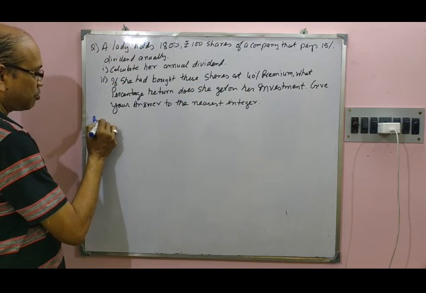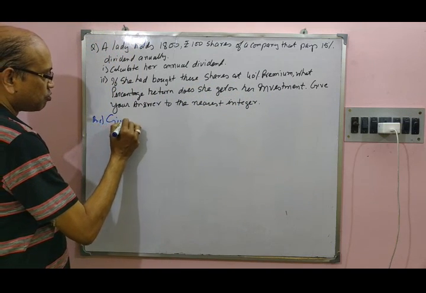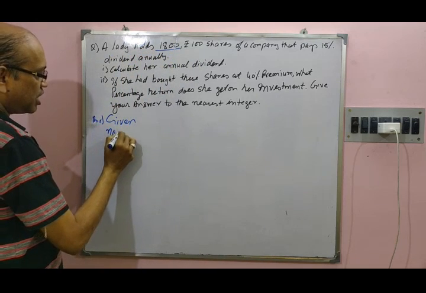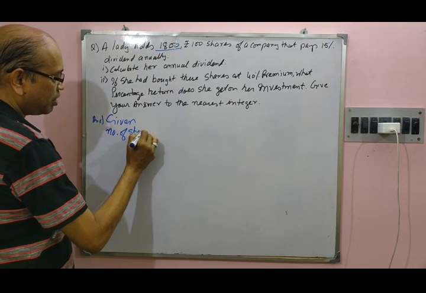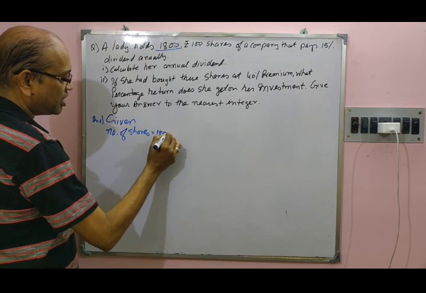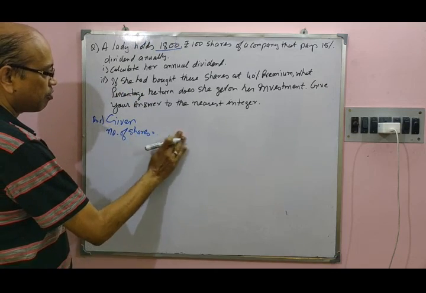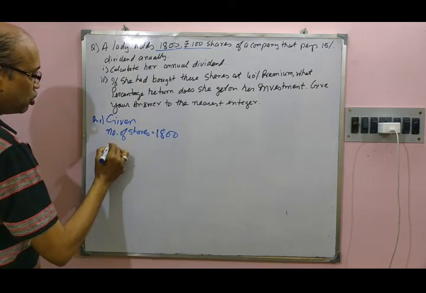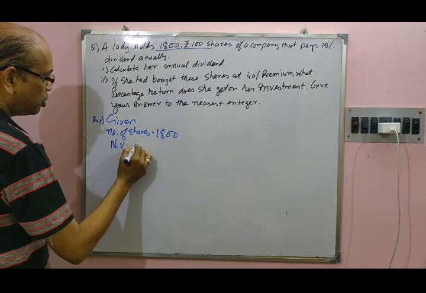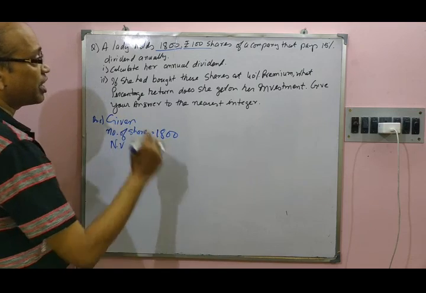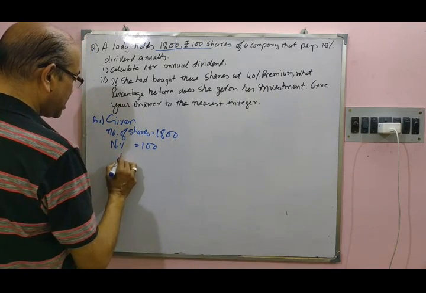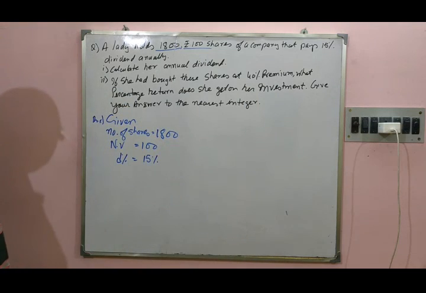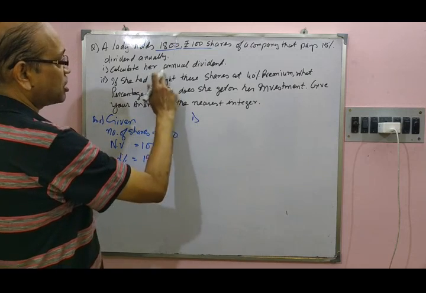Again, answer. What is given? Given 1800. What is 1800? Number of shares is 1800. What is rupees 100? That is the nominal value. D percent is 15%. For the first part, what is her annual dividend?